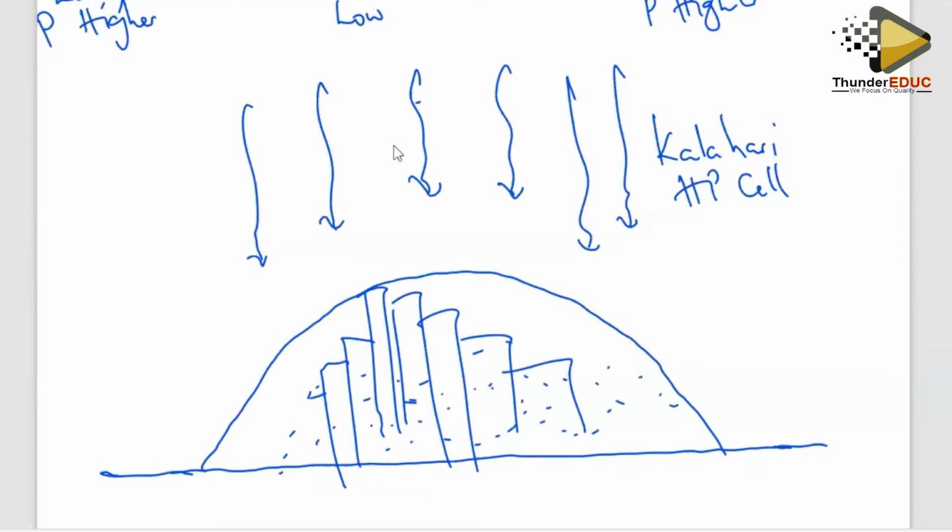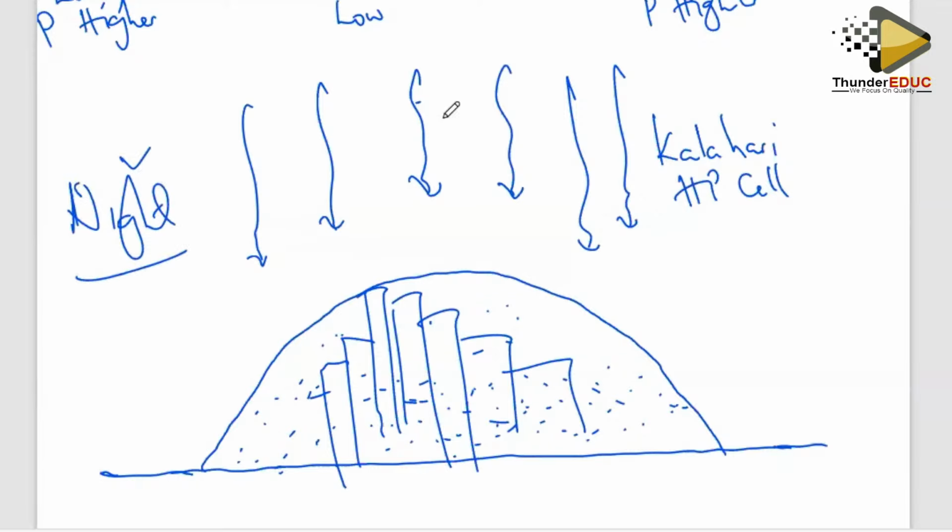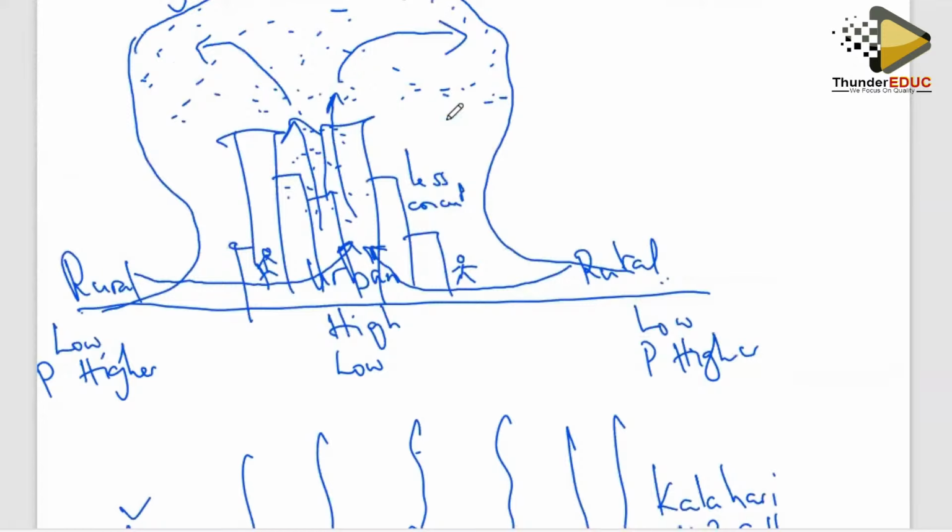During the day, they were high up in the atmosphere, but at night, they are lowered because of the strong descending air from the Kalahari high pressure cell. So this is the night situation, comparing the two, the pollution dome during the day and the pollution dome at night. That's the situation. Let's go and answer the questions.